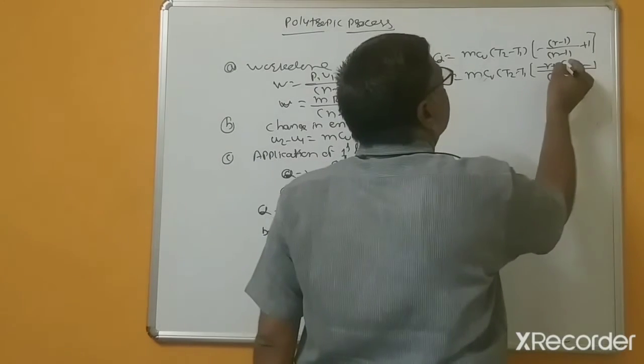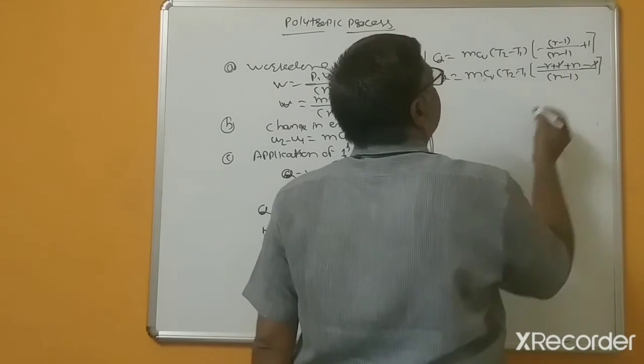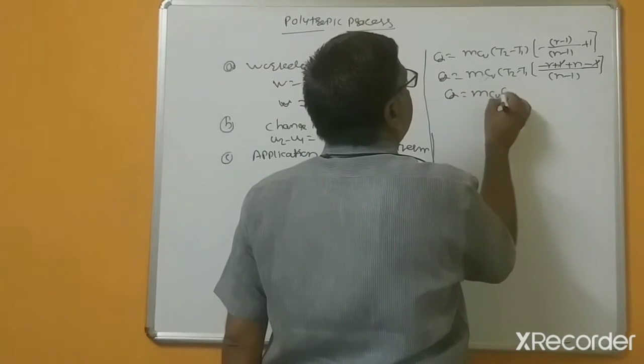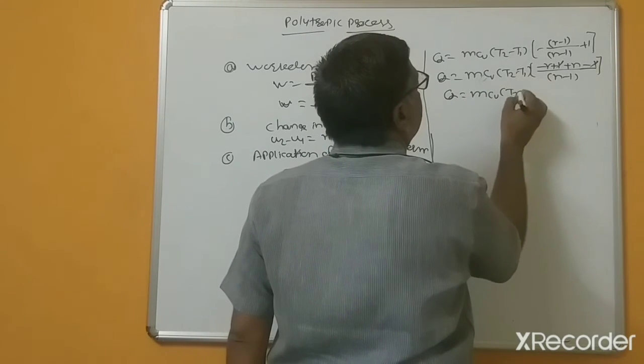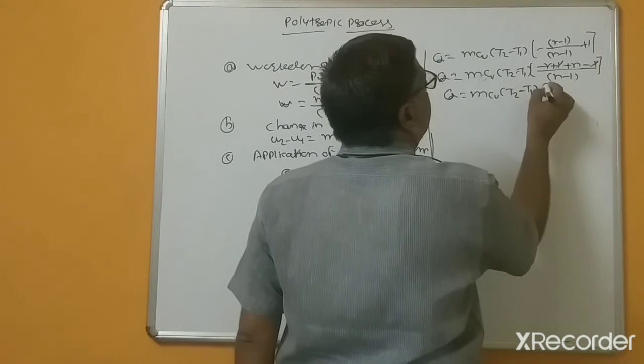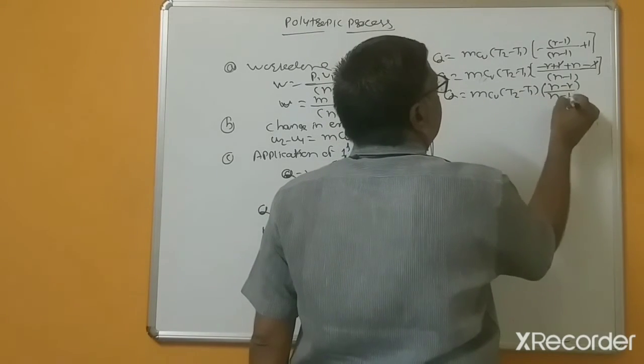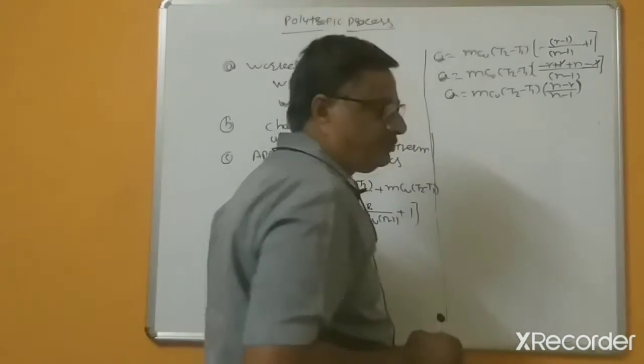So this plus and this will get cancelled, and what is remaining? Q equal to mCv (T2 minus T1) times (n minus gamma) divided by (n minus 1).